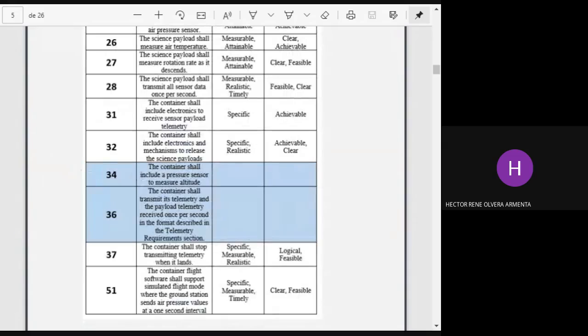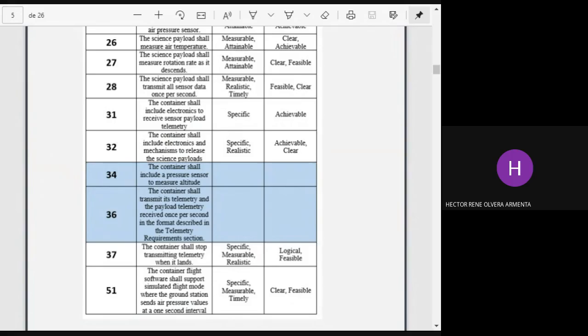And here we saw some requirements that are not in blue letter, but are completely in blue. Why is this? Because these requirements are repeated over the document of the CanSat competition.